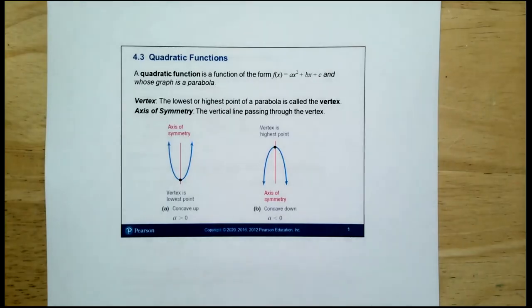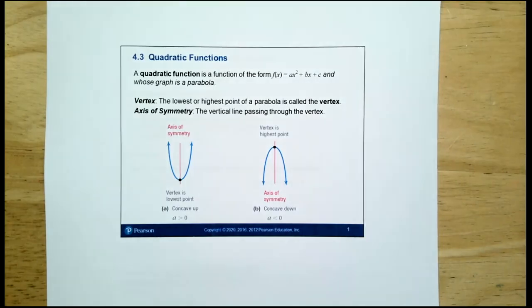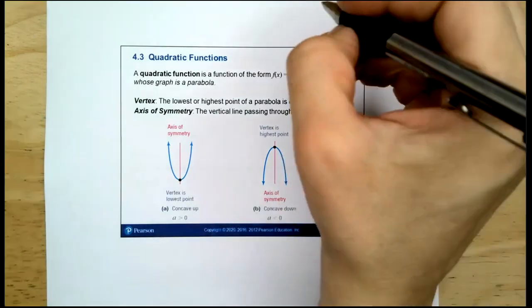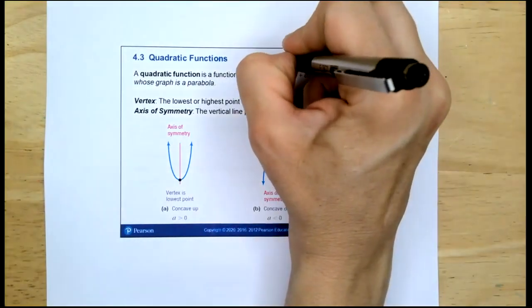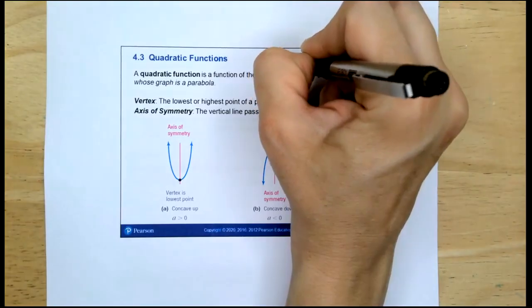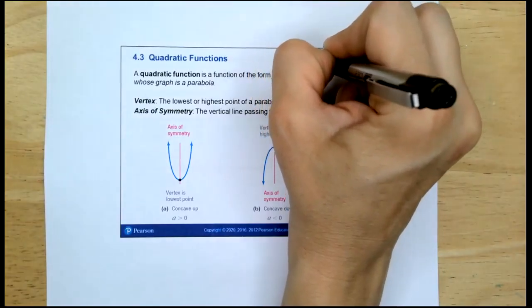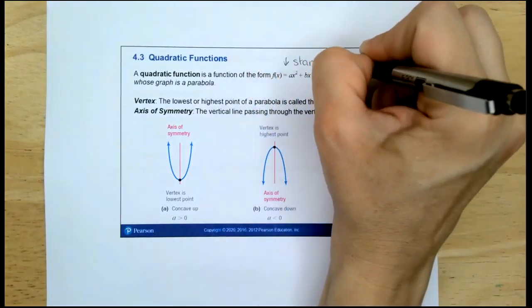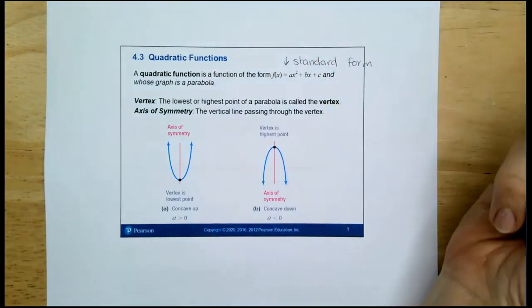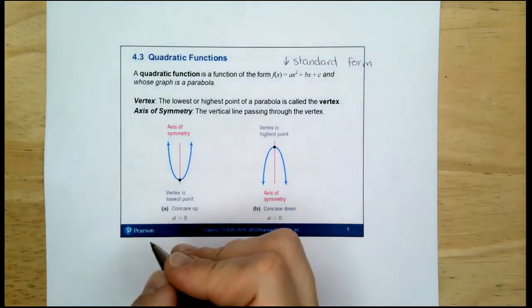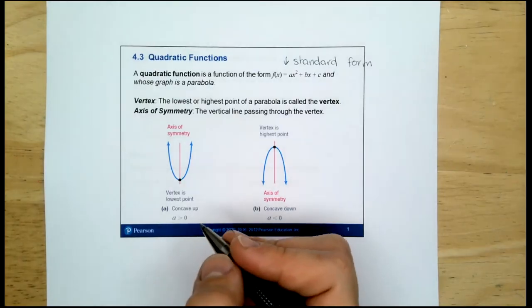So, a quadratic function is a function of the form f of x equals ax squared plus bx plus c, and whose graph is a parabola. This is the standard form of a quadratic function.